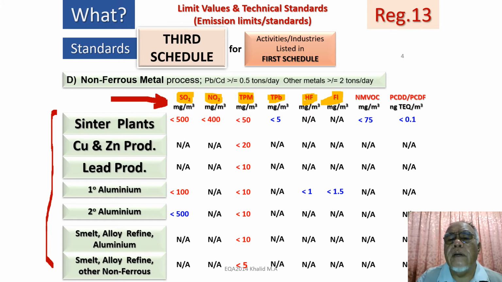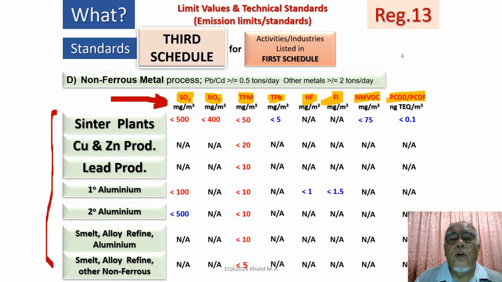Where does all this come from? It's the mole, all right? And non-methane volatile organic carbon, and also polychlorinated dibenzodioxin and polychlorinated dibenzofuran. These are all the carcinogenic and mutagenic stuff that you have learned in environmental sciences.